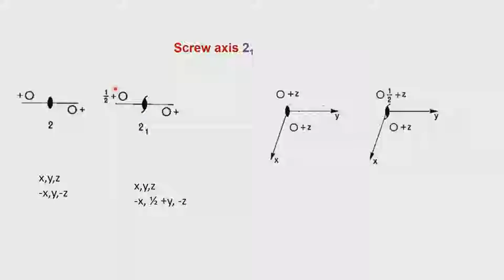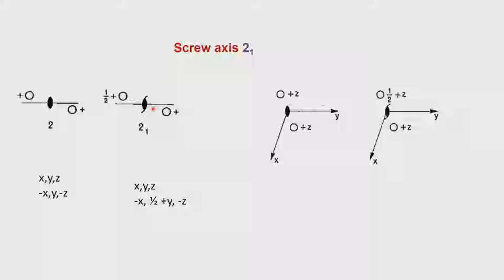If a, b, c are the unit cell dimensions and b is our unique axis, then the translation is along the b direction. This gives us an equivalent point at x bar, half plus y, z bar. So this half adds on to y.